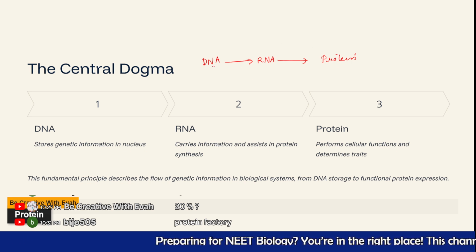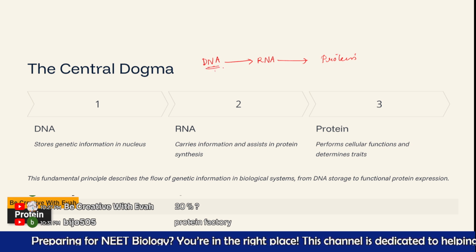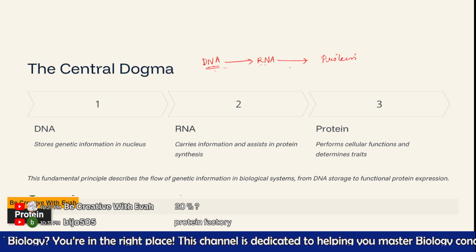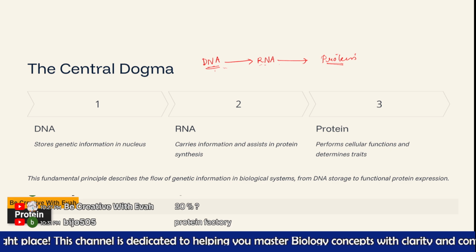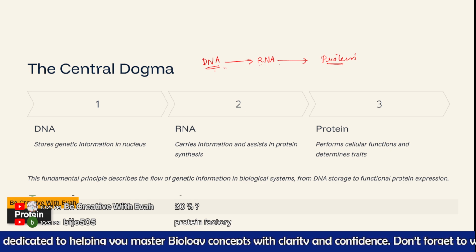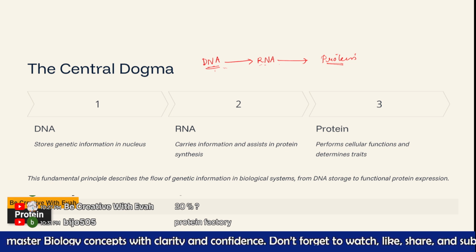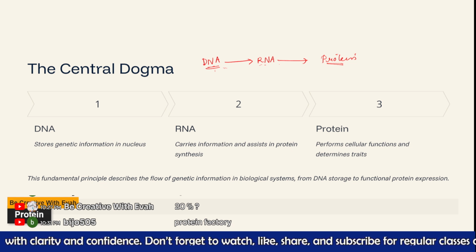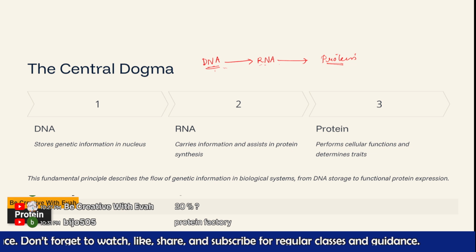Only the DNA has the genetic information. This genetic information goes in the form of RNA, and from the RNA to protein. Protein will not be produced directly from the DNA. The message is given in the form of RNA, and then from the RNA, protein is synthesized.